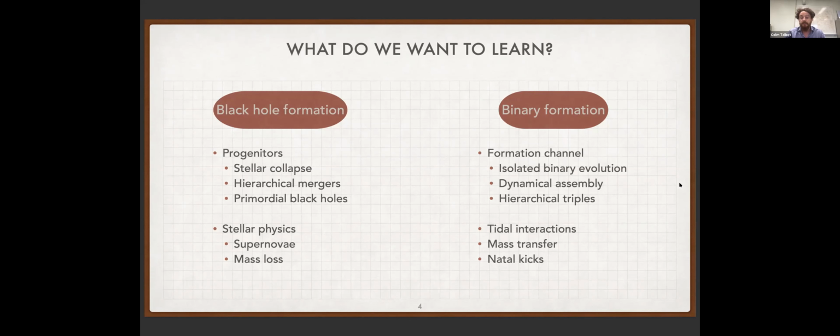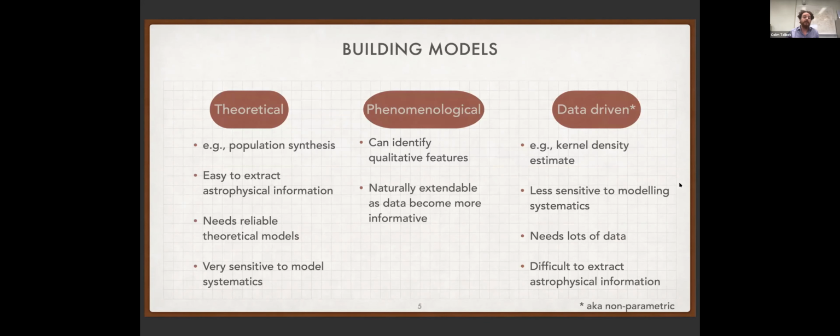So how do we learn this? As I said, we have to start by building models, and I've broken it down into basically three classes of models as I see it. They're what I've called the theoretical models, which are things like population synthesis or running n-body calculations of dense environments.